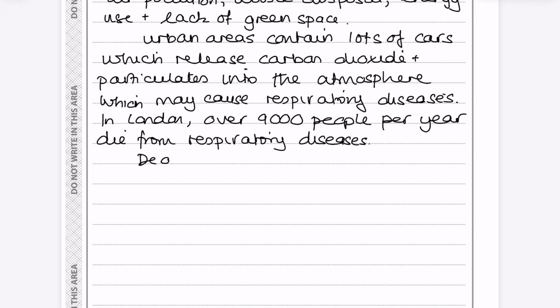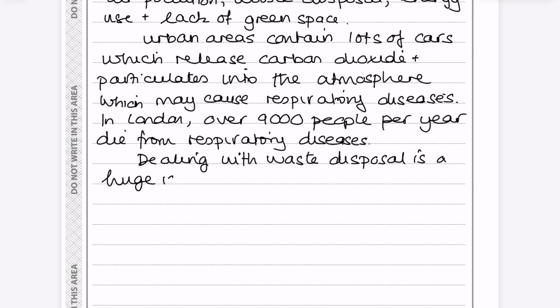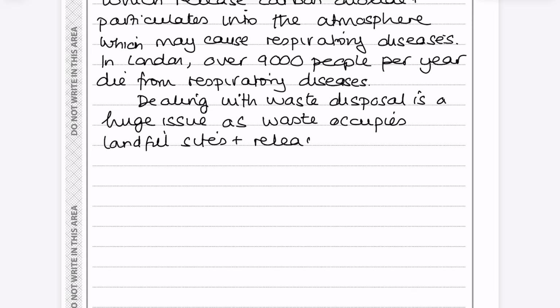Dealing with waste disposal is a huge issue. As waste occupies landfill sites and releases toxic gases when burnt.